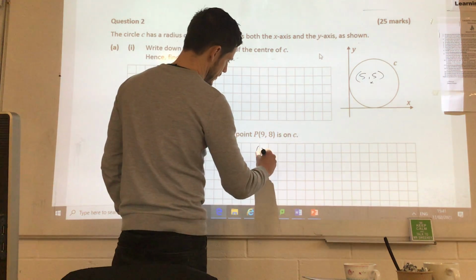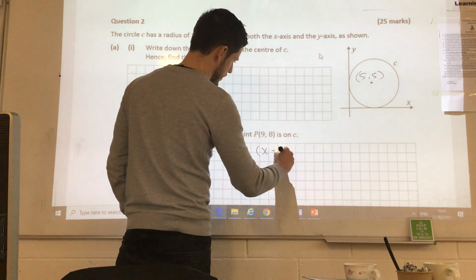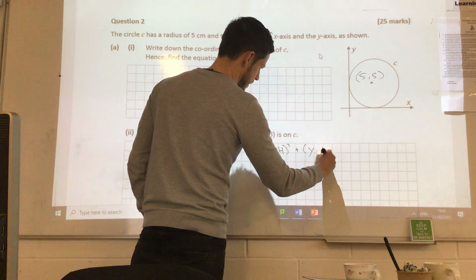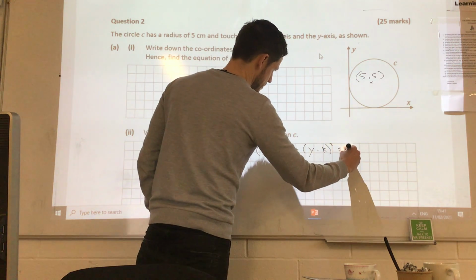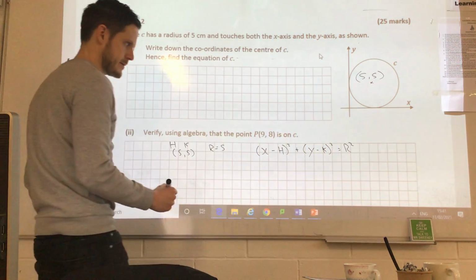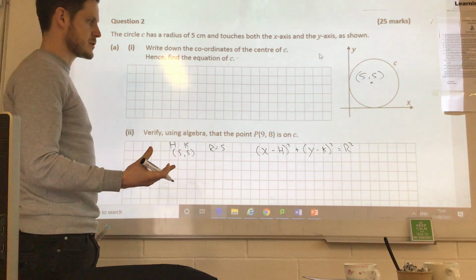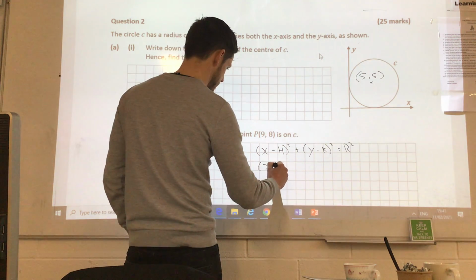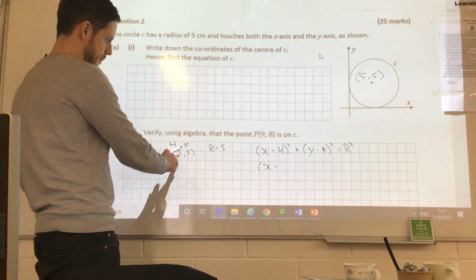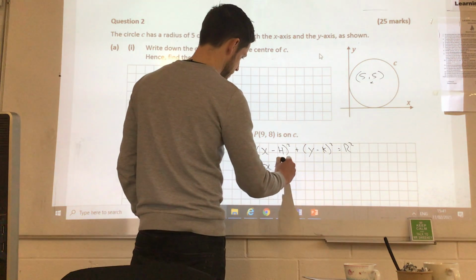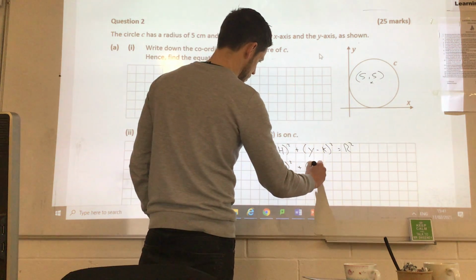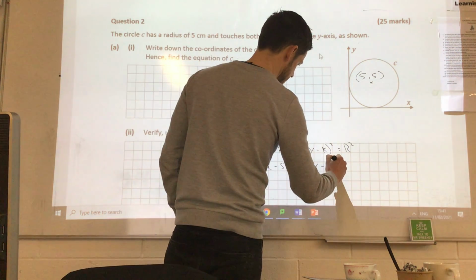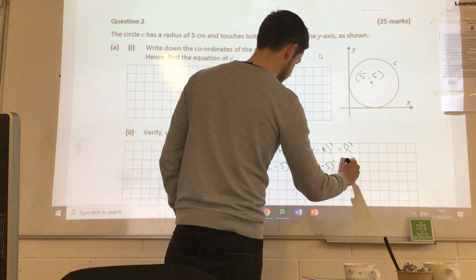Now, for a circle, my formula is (x minus h) squared plus (y minus k) squared is equal to r squared. So I can fill this out. I can do (x minus 5) squared, now h is going to be 5, plus (y minus 5) squared is equal to 5 squared.